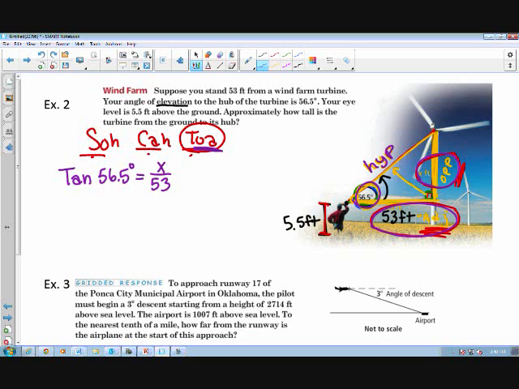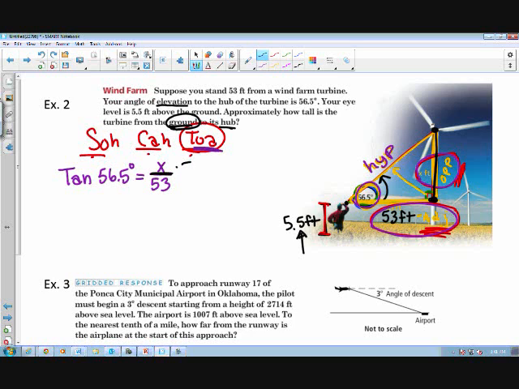Oh, I just discovered this is actually not extraneous information. Read the question. Ground to hub. So we'll eventually have to use the 5.5. That will be used at the end. But right now we're looking for how high the turbine is above the guy's eyes, his original line of sight. Okay, so to solve for X, I notice it's dividing by 53.